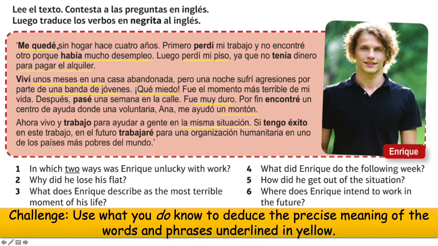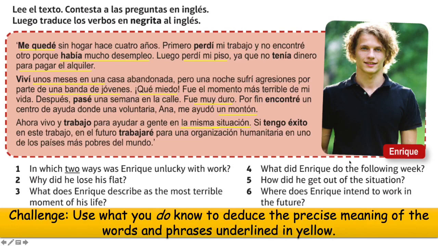It also means, the first sentence means I was homeless 4 years ago. Hace 4 años, 4 years ago. So firstly, primero, perdí mi trabajo, I lost my job, y no encontré otro, and I did not find another one, porque había mucho desempleo, because there was a lot of unemployment. Había, we have seen that as imperfect tense.